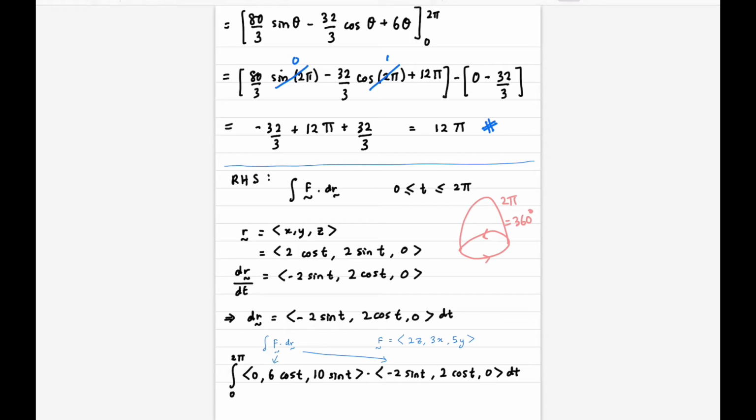So you have your r is x, y, z, and then change this to the polar coordinates, because we have a circle here, so x is 2 cos t, y is 2 sin t, and z is equal to 0. And find your dr dt. You get this value, so your dr will be negative 2 sin t, 2 cos t, 0 dt.